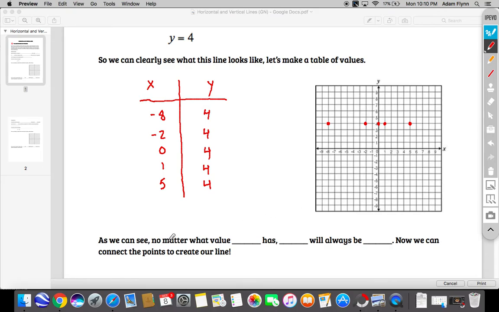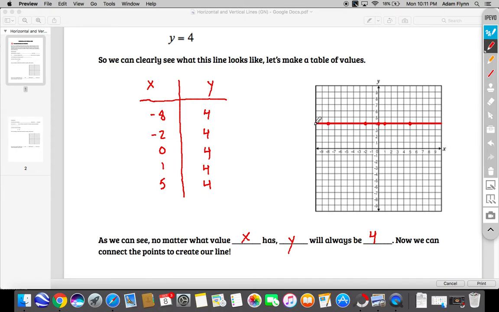So as we can see, no matter what value x has, y will always be 4. So our last step, we're just going to connect the points to create our line. Using a straight edge, I've got my line.